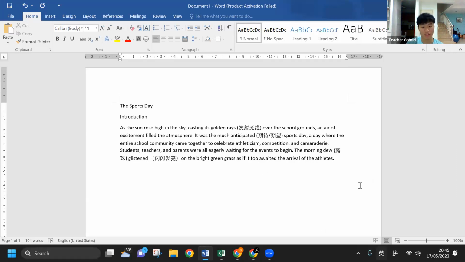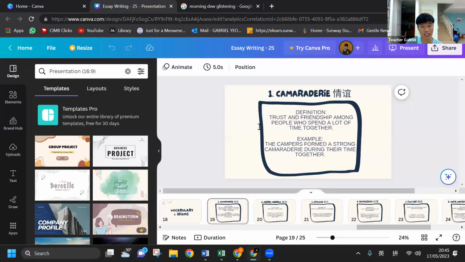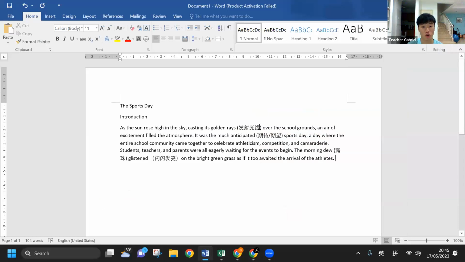As if 那个 dew, 这些草也是在等着那些运动员的来临. This would be a very good descriptive introduction. Then I also fluttered. In the exam you don't actually have to write all these, you can write until here already.